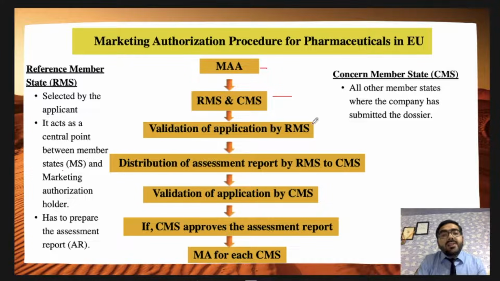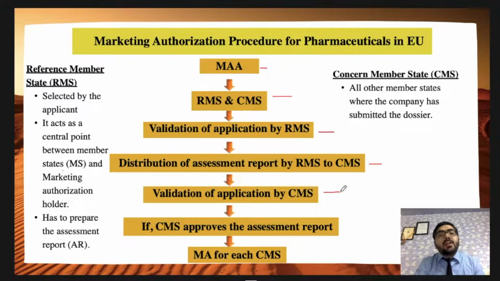Then the validation of that particular application is conducted by the RMS, the reference member state. After the validation, there will be the distribution of the assessment report, whatever the RMS assessed in that application. They will distribute the information to the CMS, the concerned member state. After that, there is validation of the application by the CMS.